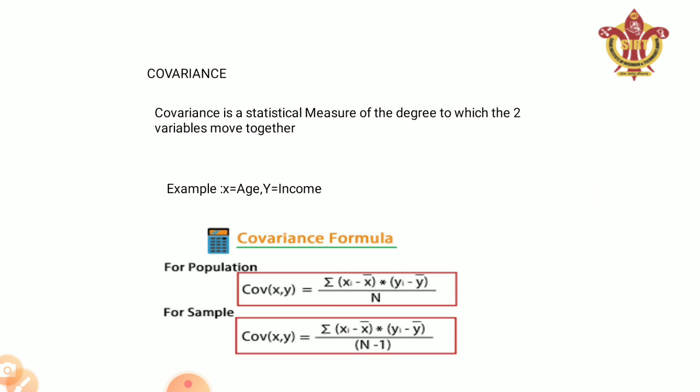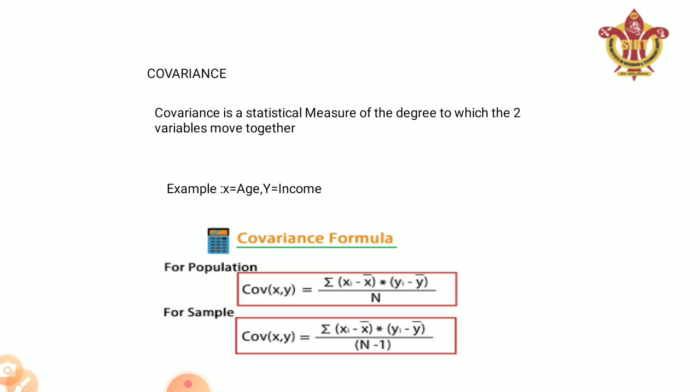So both factors are in increasing order; x and y, both terms are increasing. Covariance indicates the degree of measure between the variables, that is, either both variables are decreasing or increasing, or one is increasing and the other is decreasing. In either case, covariance is a measure of the degree to which the two variables move together.